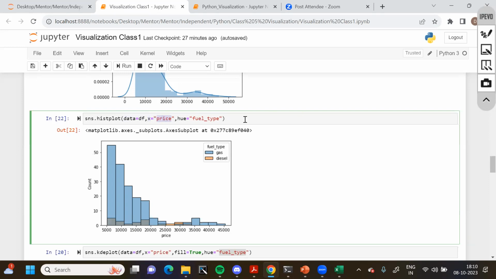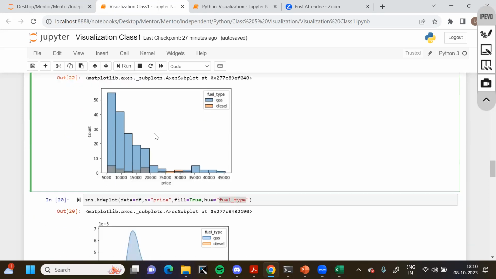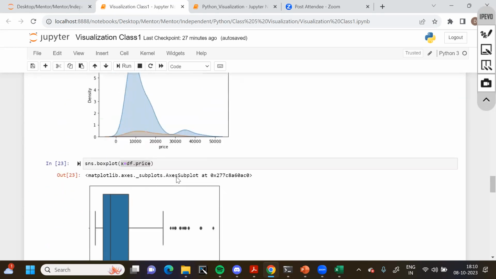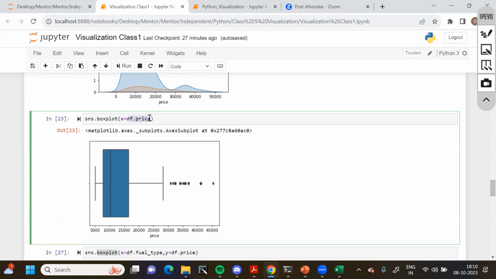So I am directly using the variable name. Otherwise, here I have used df.price, the column name, without data. Otherwise you can also put price and use data is equal to df.